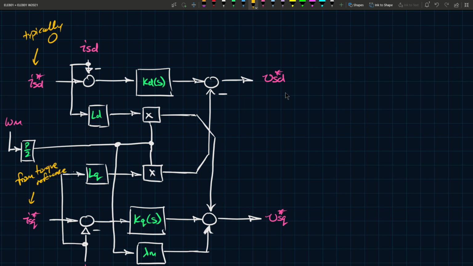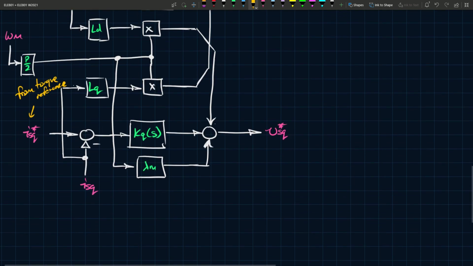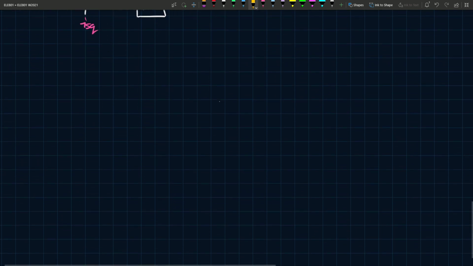Of course the ISQ current component is related to the torque reference, so you can have a torque reference coming from some machine or vehicle characteristic, let's say, and the reference can be multiplied by a factor, divided by a factor, the lambda m's and all that kind of stuff, 3p over 4, and you can get ISQ reference from TM.